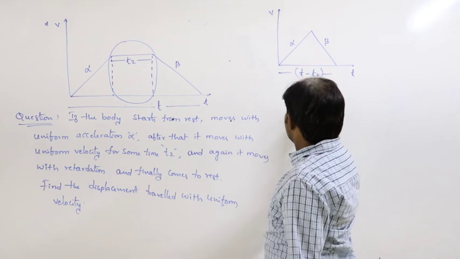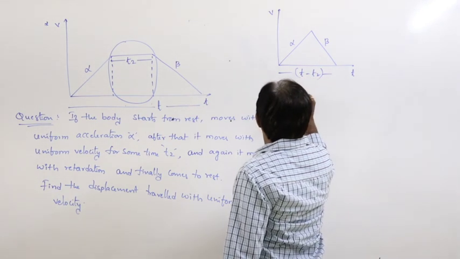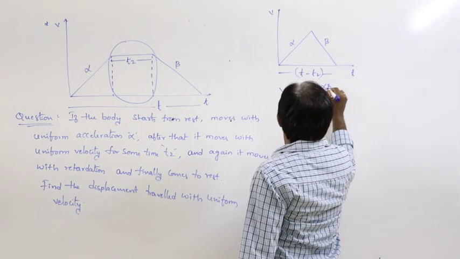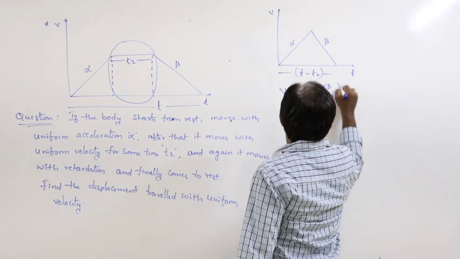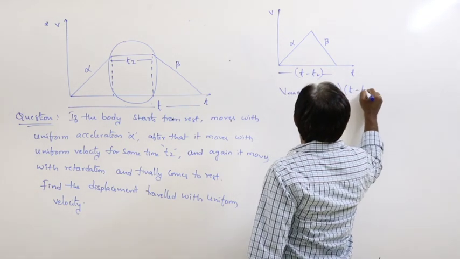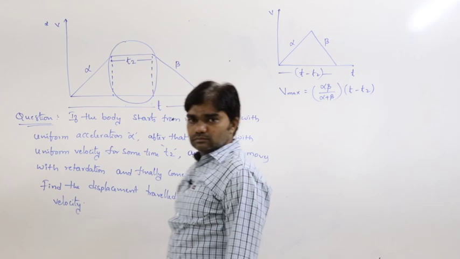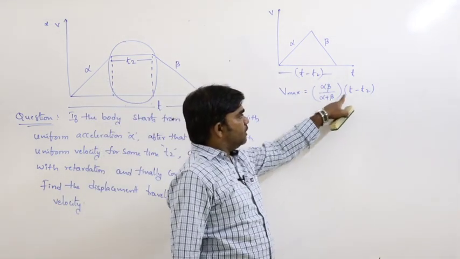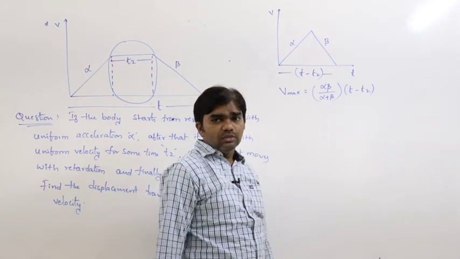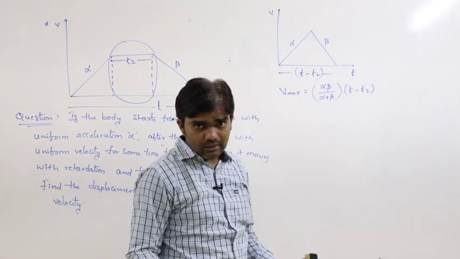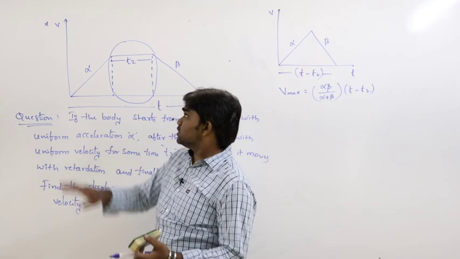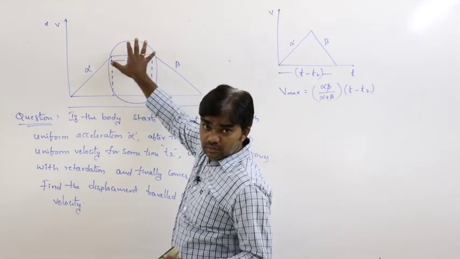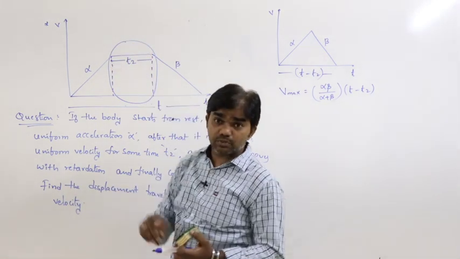So based on this we calculated V maximum. What is the V maximum formula? Alpha beta by alpha plus beta into T, T in the sense T minus T2. V maximum is equal to alpha beta by alpha plus beta into T minus T2. Actually it is T in the previous situation, we don't have this one. That's why.